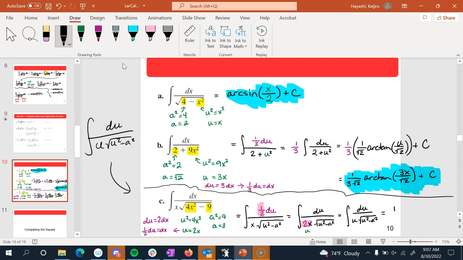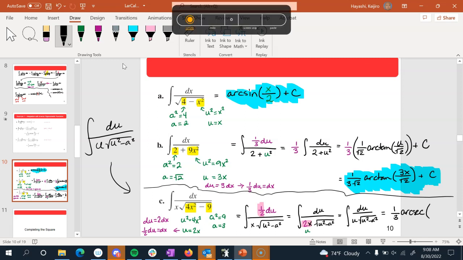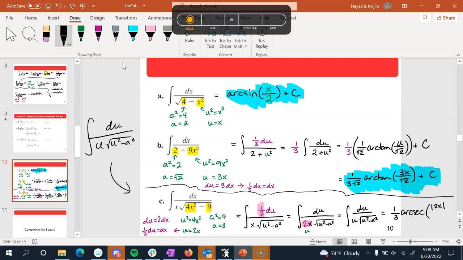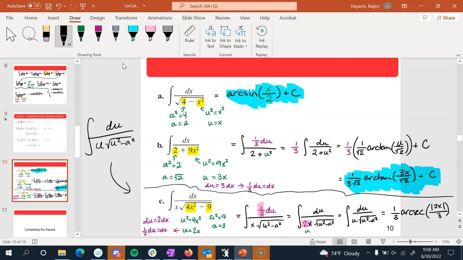So a was 3, so 1/3 times the arcsecant of the absolute value of u being 2x, so the absolute value of 2x, over a, which again is 3, plus C.